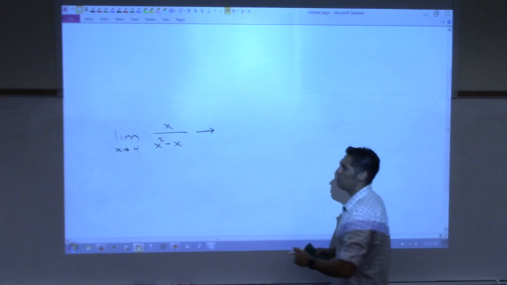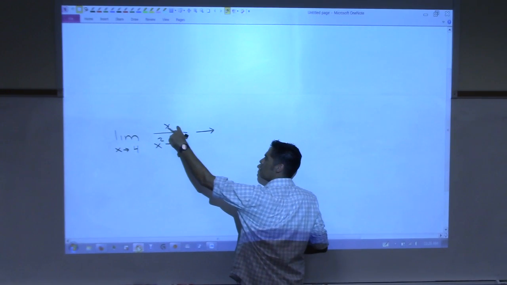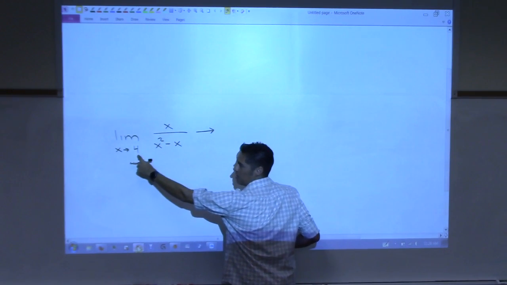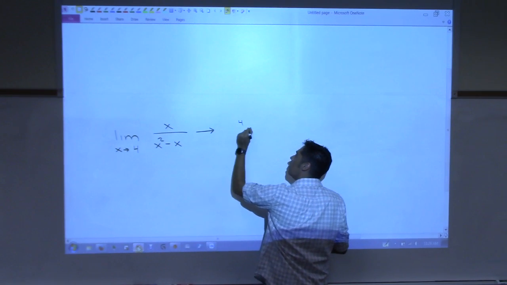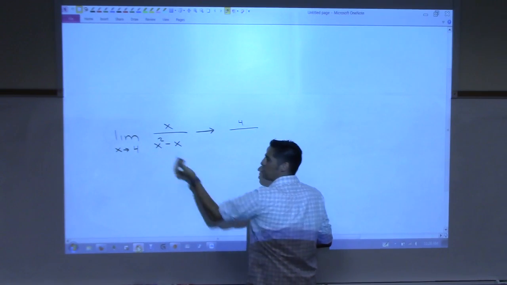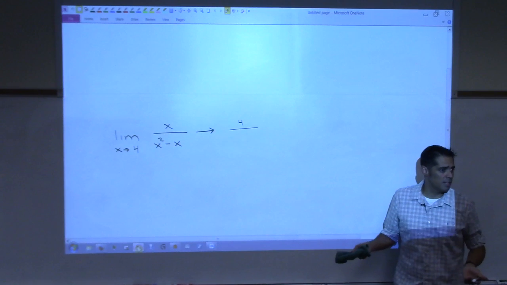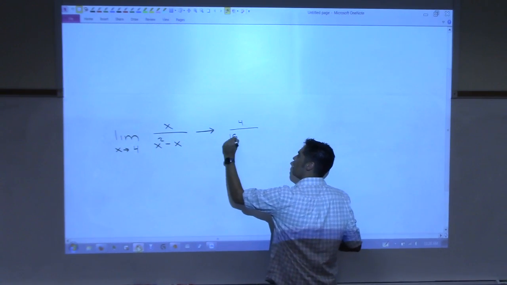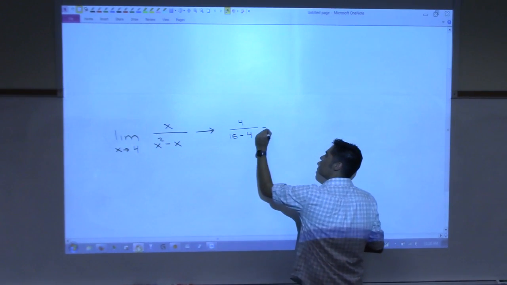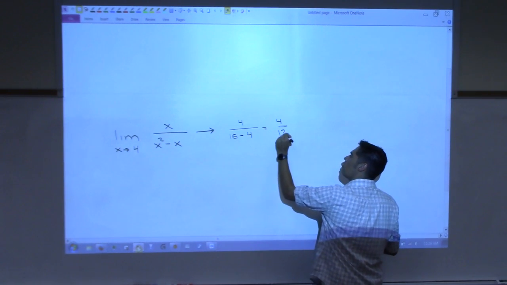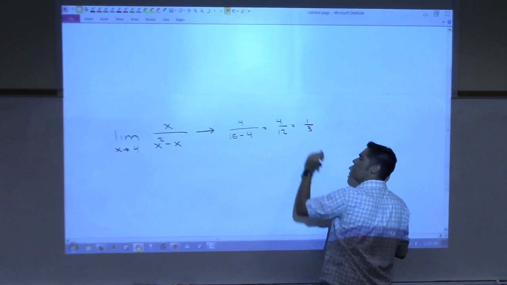The numerator is headed to 4, and the denominator is 4 squared, which is 16, minus 4 again, so you get 4 over 12, which is 1/3.